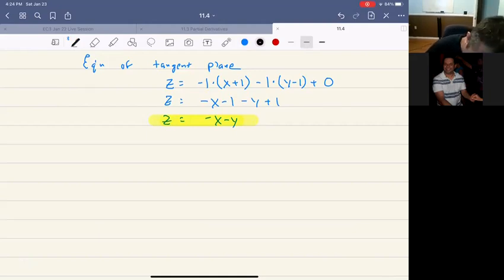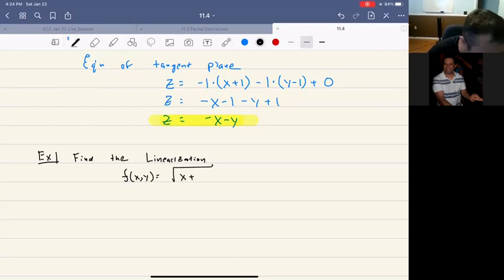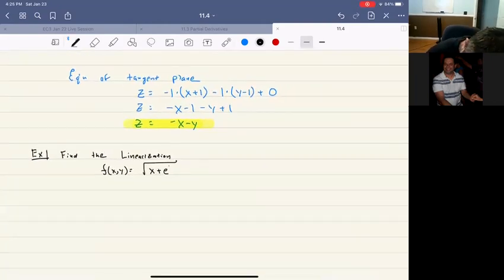Let's find the linearization for f of x, y equals the square root of x plus e to the 4y at 3, 0.